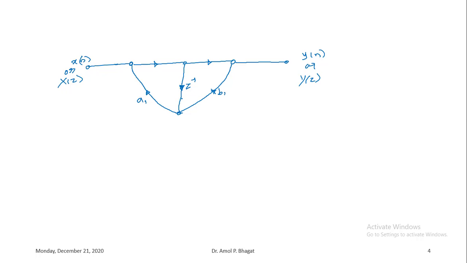so this is nothing but the delay branch, right? This can also be called as what? Source node, while this is called as what? Sink node, or you can call it as input node and output node, right? So this is nothing but the signal flow graph, right?